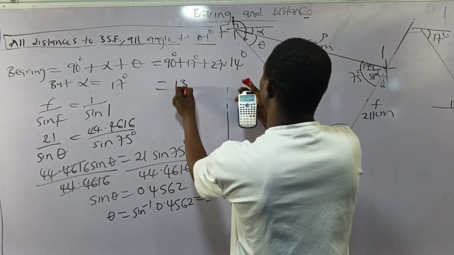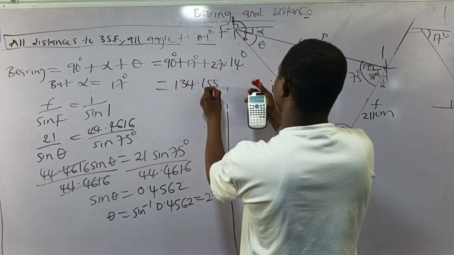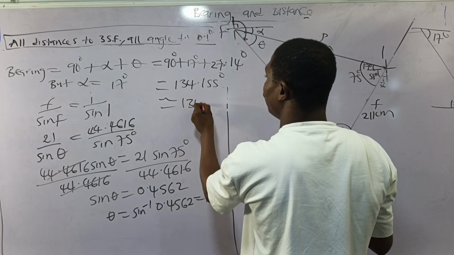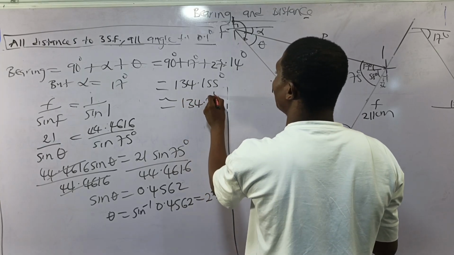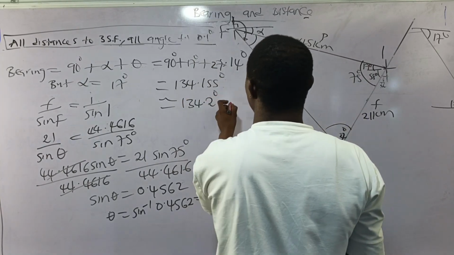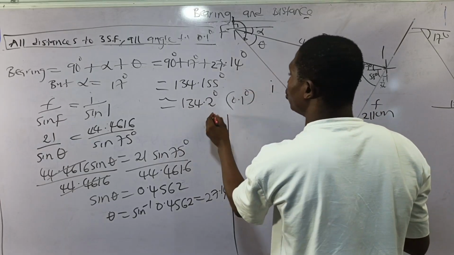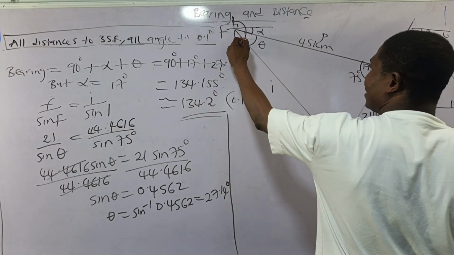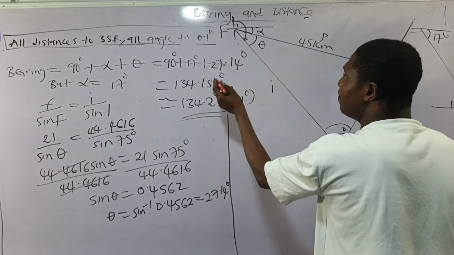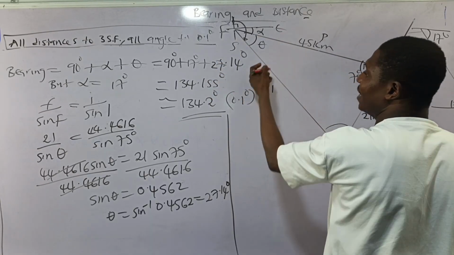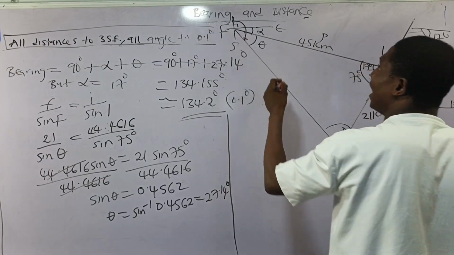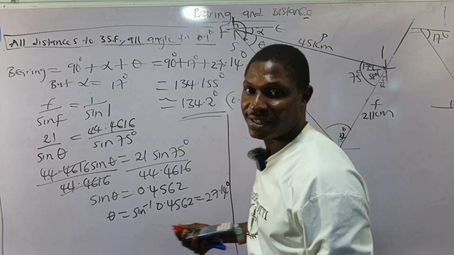This will give me 134.155 degrees, which is approximately 134.2 degrees, because it says to 0.1 degree. So this is the bearing, and if you observe, it must be between southeast, greater than 90 but less than 180. So our bearing is absolutely correct. Thank you.